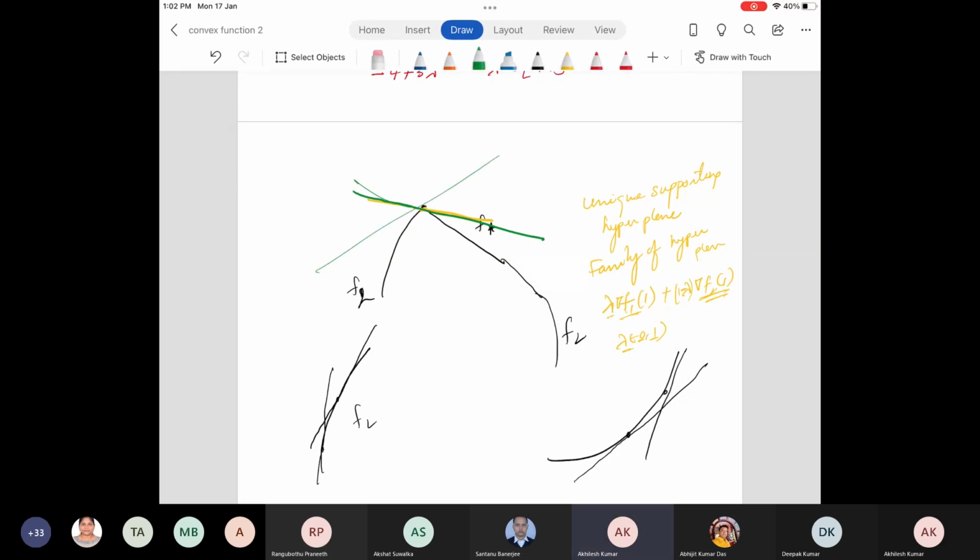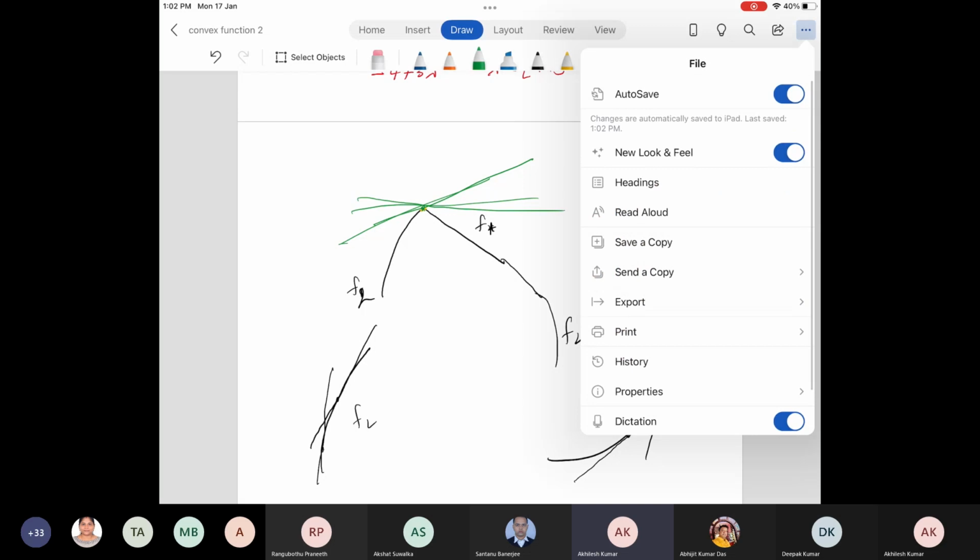If these two are the extreme hyperplanes, all the hyperplanes passing through this point in between form the family of hyperplanes that supports this point. Sorry, I have drawn it wrong in this direction. Is this clear? That is the idea of the supporting hyperplane, and thus the family of subgradients there.